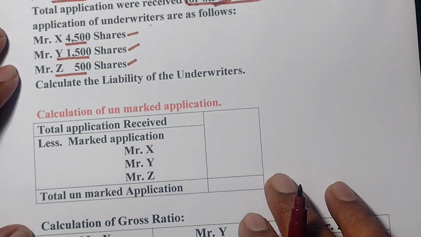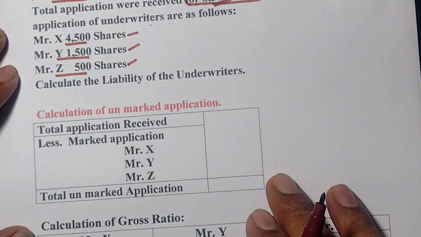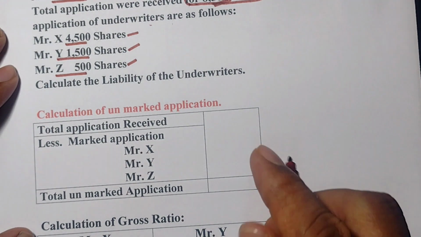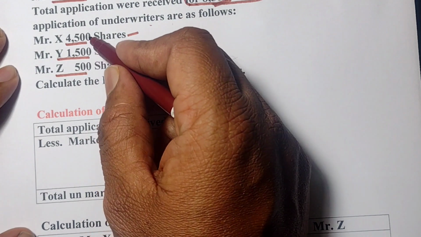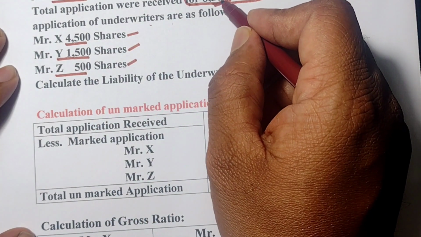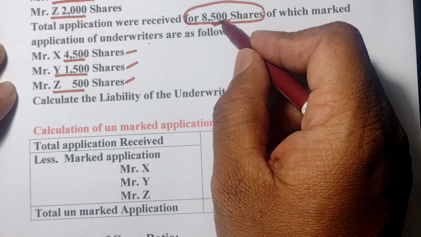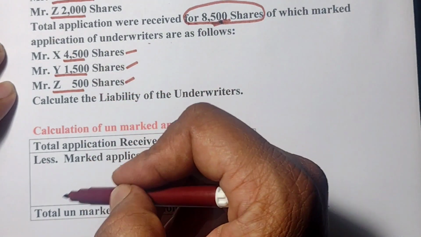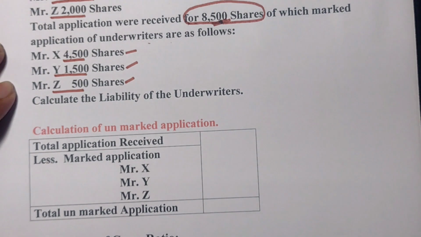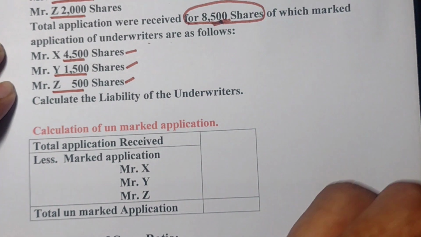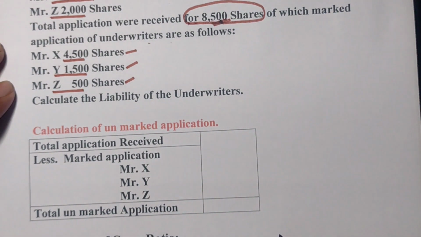The very first one is the calculation of the unmarked application. Because the marked applications we have with us and the total applications we have with us, 8,500. Therefore, we have to find how much is received through the underwriters and how much is received directly from the public. That is called the calculation of the unmarked application.